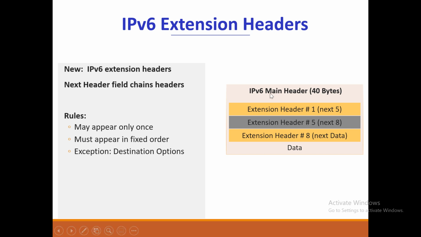But let's talk about extension headers, because we've got quite a bit to cover here, and then we need to get back to actually seeing packets with extension headers, because this is a complicated area. One of the real powers, in my opinion, of IPv6 is IPv6 extension headers.